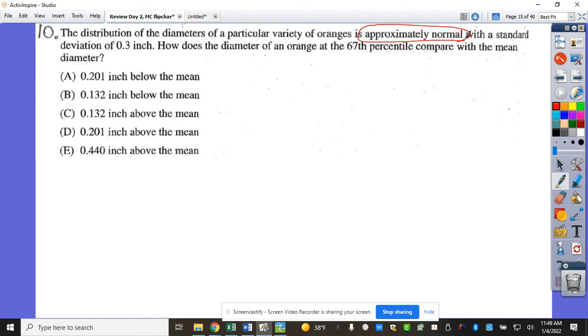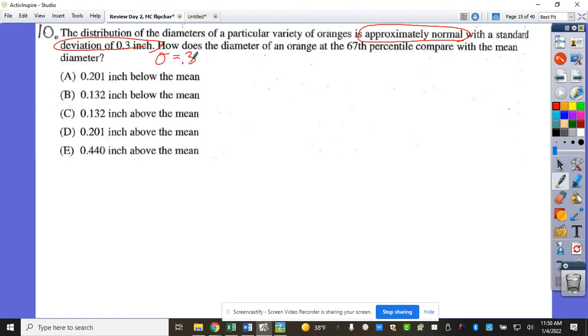I haven't talked about this in some of the other problems, but what does it really mean to us when it says approximately normal, as far as our class is concerned? We can what? Use normal approximation. We can use the yellow sheet, right? Yellow, green. With standard deviation of 0.3 inches.